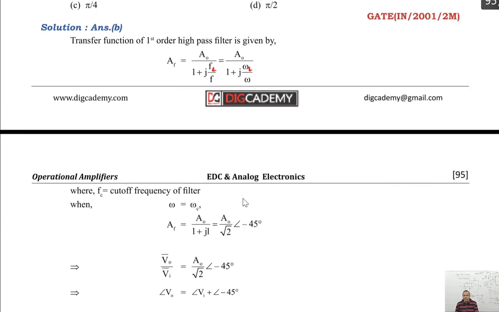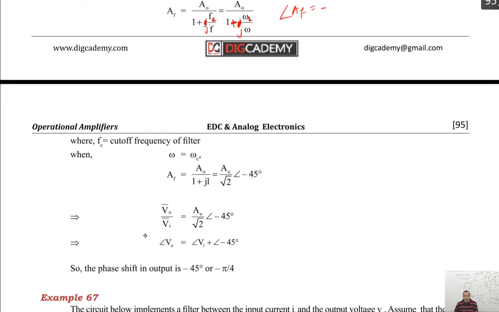And we have seen the phase angle of the transfer function for this, for the first order high pass filter. Please correct it, it's basically here with this. So this is the expression. There is a little correction here, right?